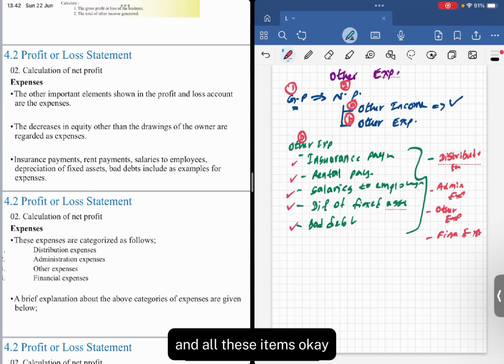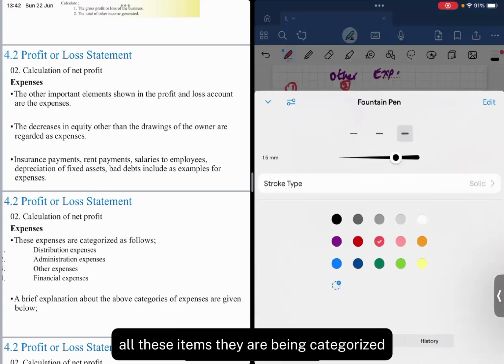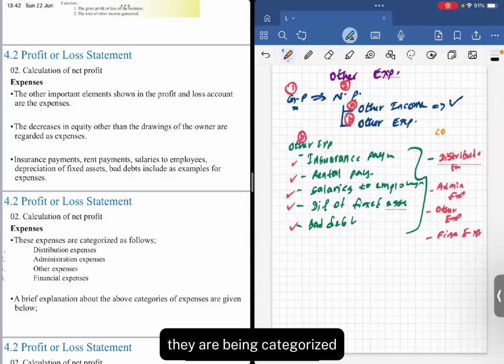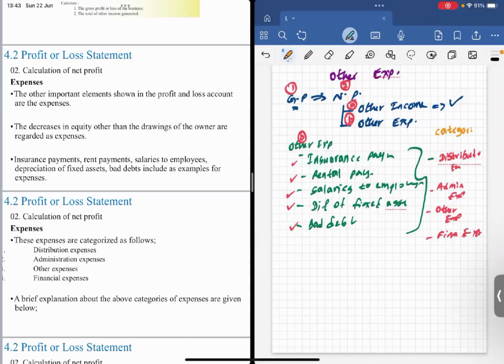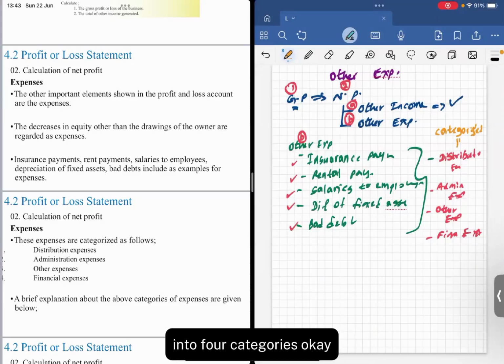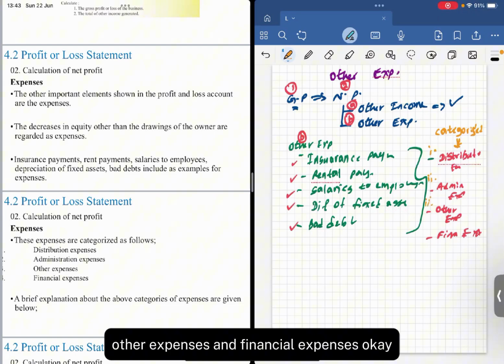And all these items are being categorized into 4 categories: distribution expenses, admin expenses, other expenses, and financial expenses.